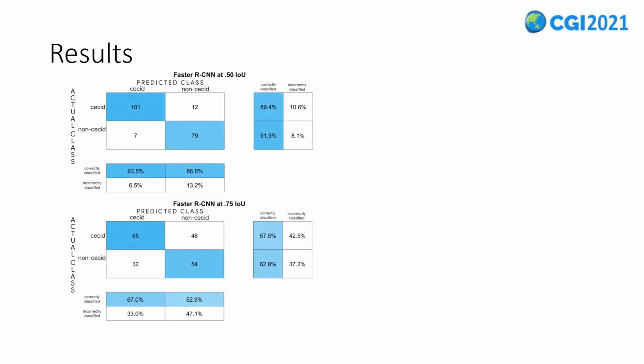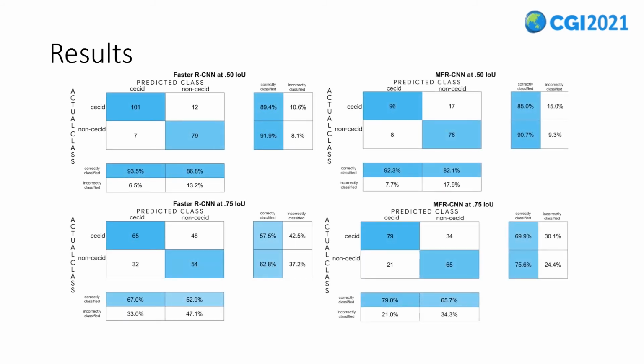Even though the average precision of the MRCNN, FRCNN, and MFRCNN is comparable to that of the faster RCNN, the latter was able to complete the detection faster. However, when the IOU is set to a higher threshold, MFRCNN outperforms all other frameworks as seen in the confusion matrices.